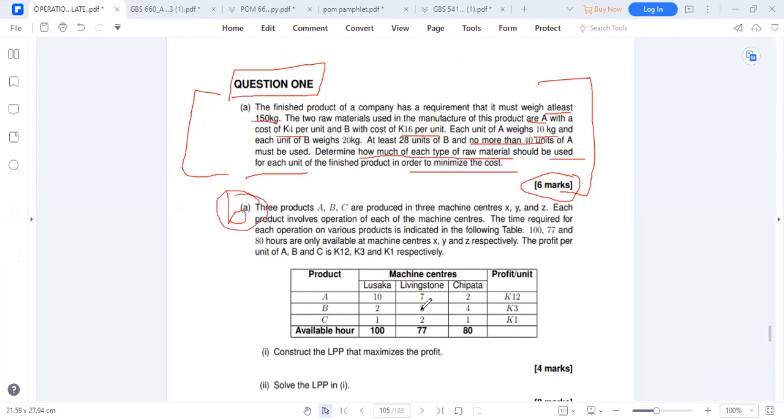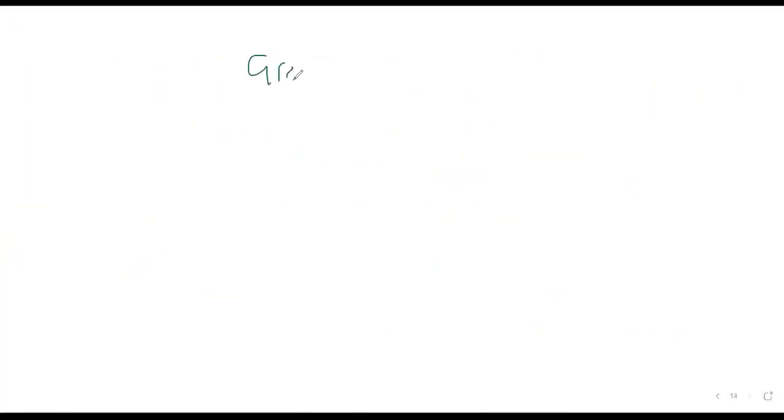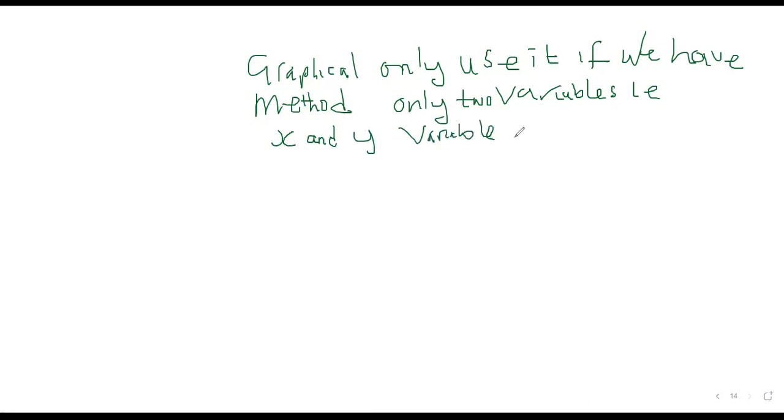Of course, the graphical method, we can only use it when you have two variables, that is x and y, or x1 and x2.